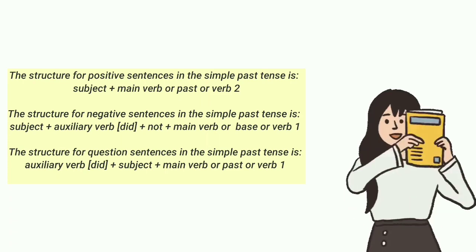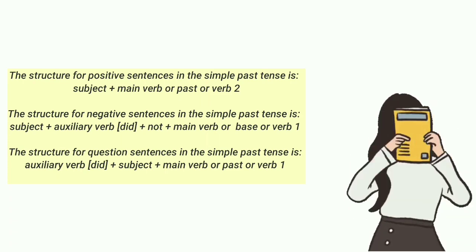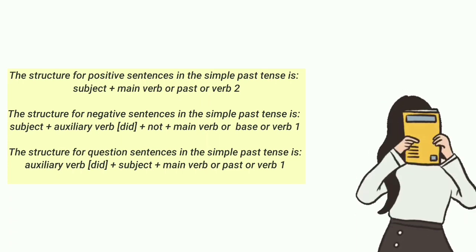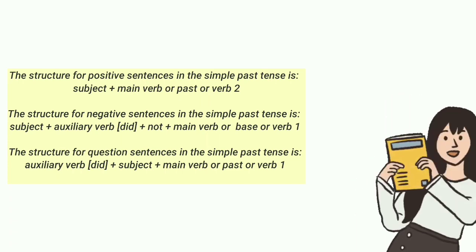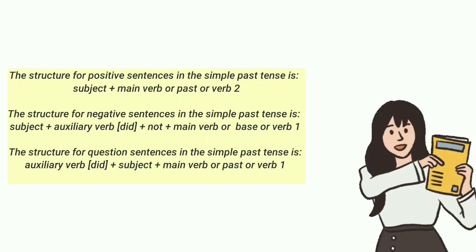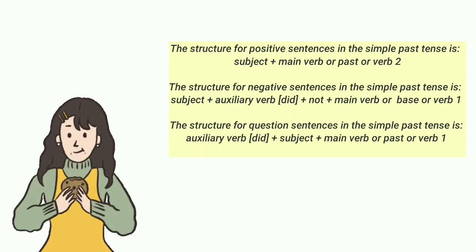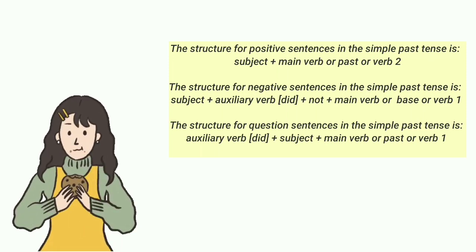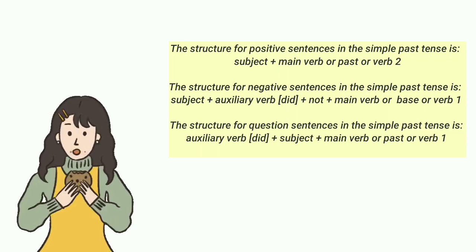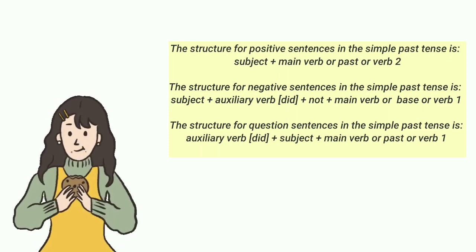The structure for negative sentences in the simple past tense is subject plus auxiliary verb did plus not plus main verb base or verb 1. The structure for question sentences in the simple past tense is auxiliary verb did plus subject plus main verb base or verb 1.